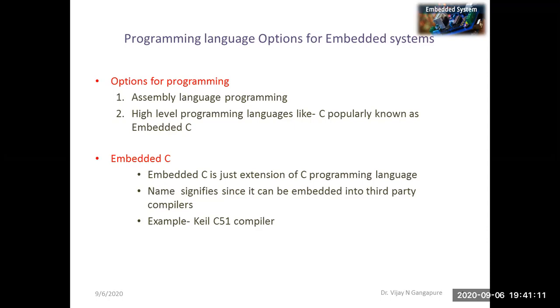With this Keil compiler, a C compiler, that is the embedded C compiler, also comes, and we can install it with the Keil compiler, and then use it for programming an embedded system or the 8051 microcontroller in C. That C compiler or embedded C compiler is known as the Keil C51 compiler. That is the meaning of embedded C.